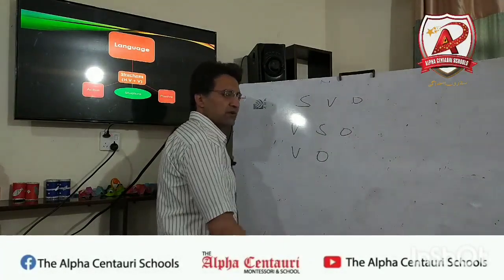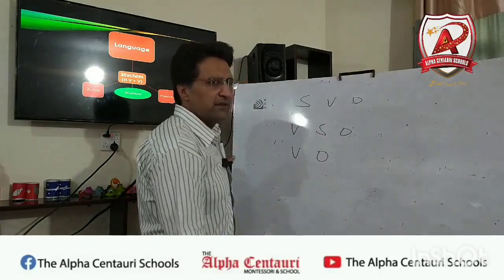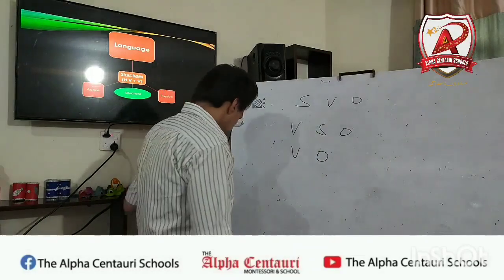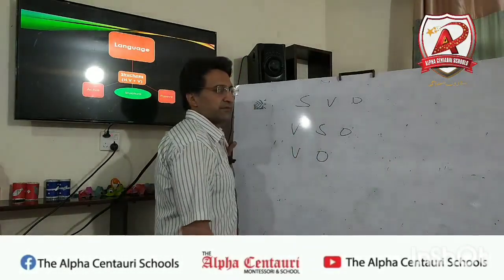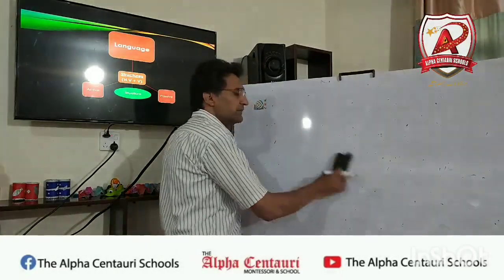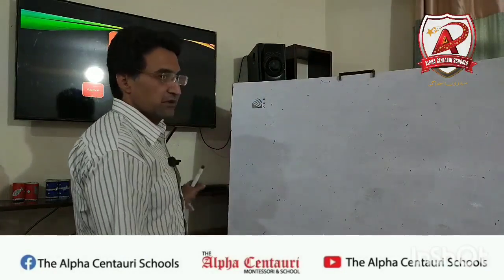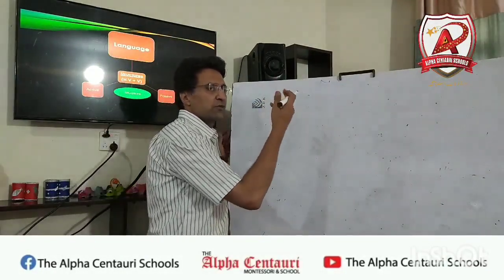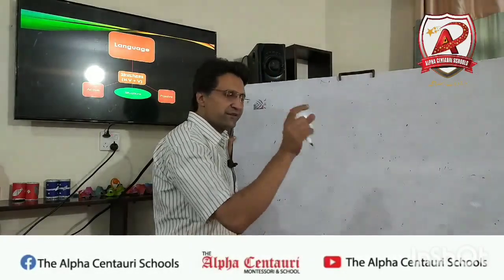For example, open the door. It could be anything. But at the moment, I am not talking about this structure. I am talking about the structure that changes the meanings. I am not talking about the placement, because subject, noun, pronoun, it could be there. We'll discuss in detail. I'm talking about the basic difference of meanings.